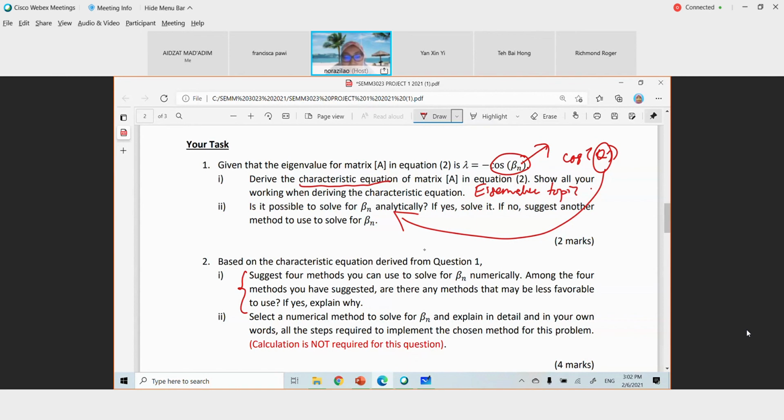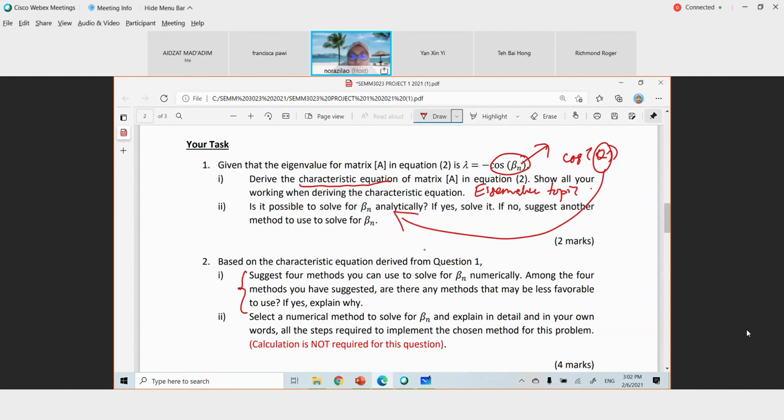Second question: select a numerical method to solve for beta n and explain in detail and in your own words all the steps required to implement the chosen method for this problem. Do not calculate for this question. You just need to select what kind of numerical method.